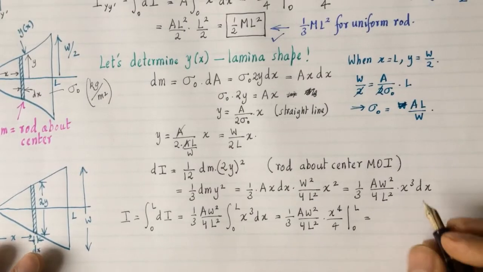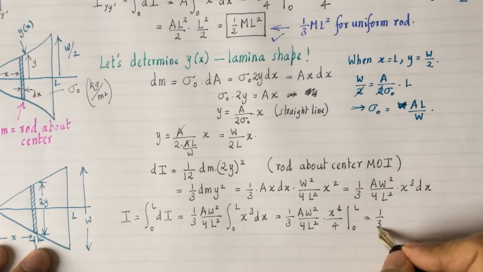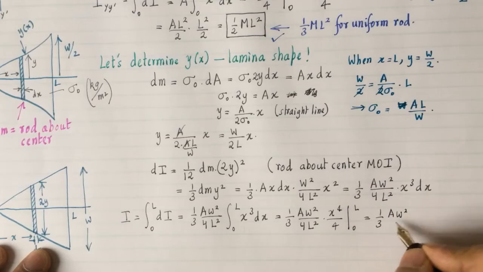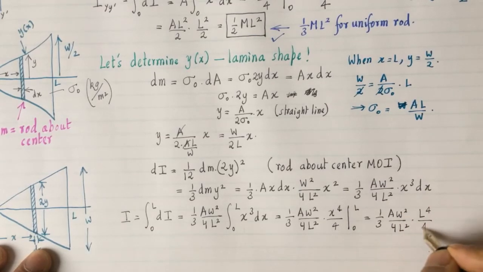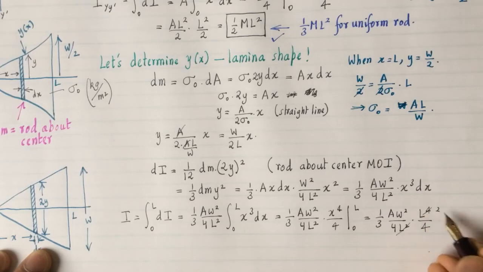So I'm getting 1/3 a W squared over 4L squared, L to the 4 over 4. One of the L squared factors cancels out.